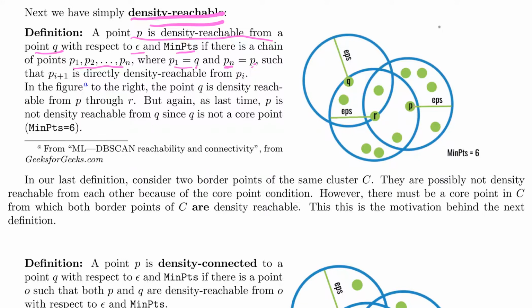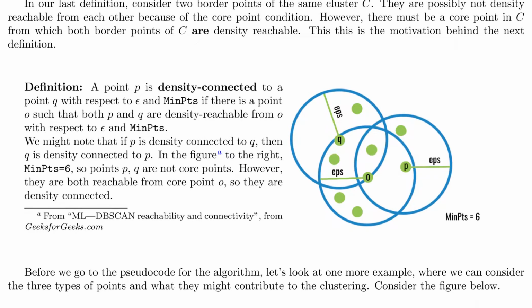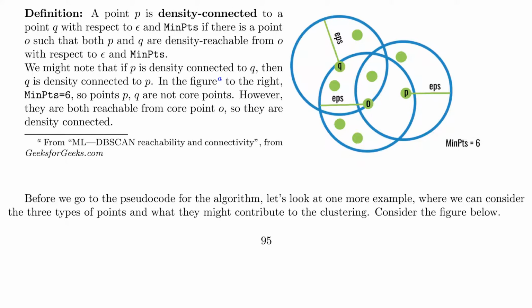Very good. The last thing I want to talk about in this video is density connected. A point P is density connected to point Q. By the way, density connected is probably the most intuitive thing here. If there is a point O such that both P and Q are density reachable from O with respect to epsilon and min points, then we could say that P and Q are tied together, density connected, through this O here.